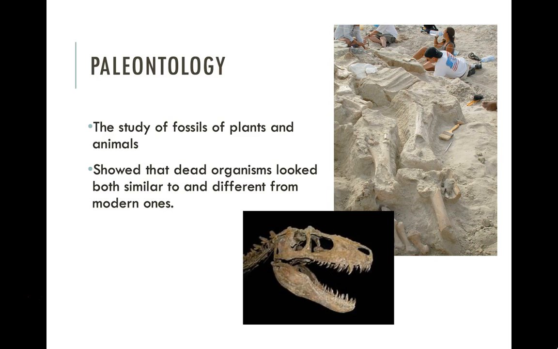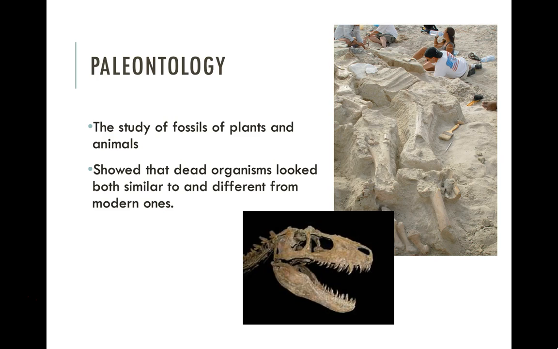So in studying and using fossils of plants and animals, Darwin was able to show this idea of descent with modification: that whole species that had died look different from more modern ones, but they were also similar. He could see similar characteristics in organisms that lived in similar locations, or were similar types of organisms over different locations.